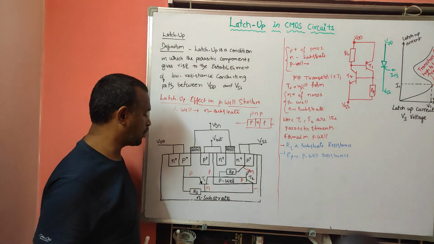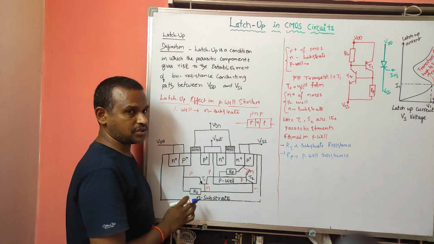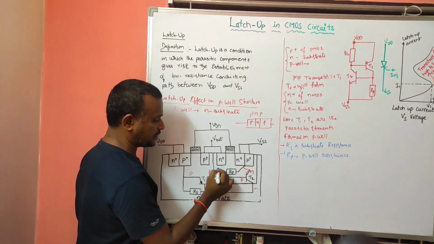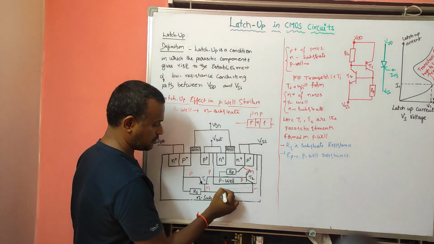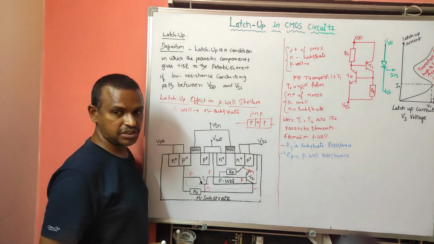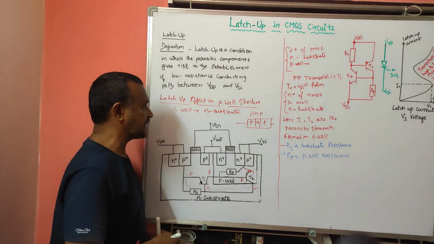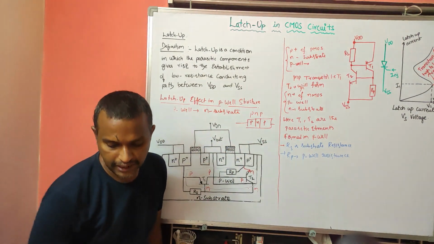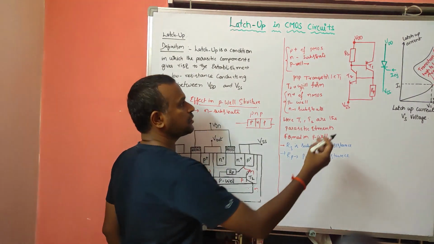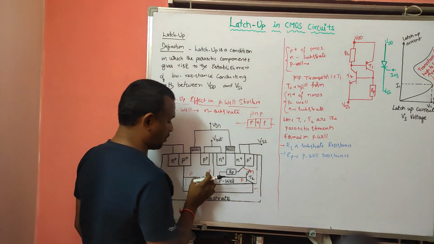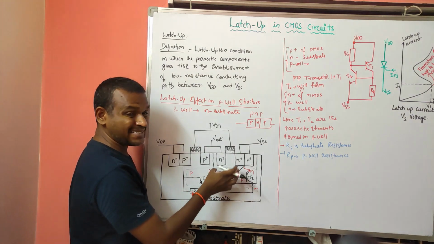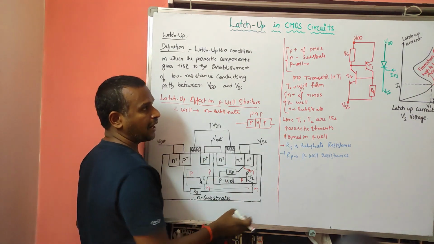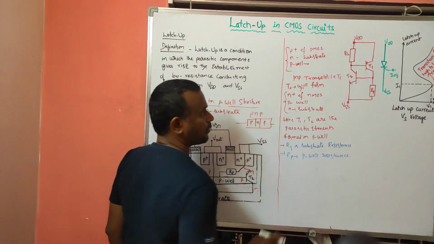Here what we got is two transistors. This structure, I am taking off from the diagram and placing here individually. I am taking this parasitic element structure along with RS and RP, and drawing it here.